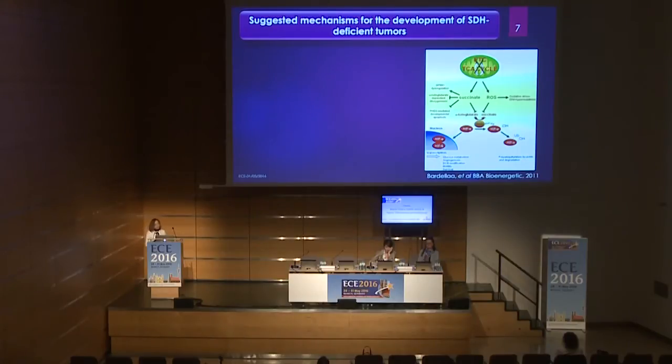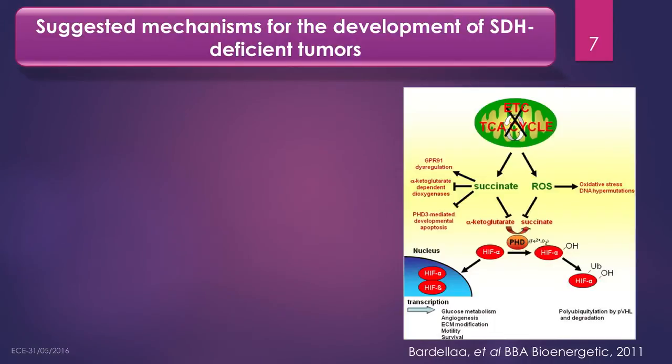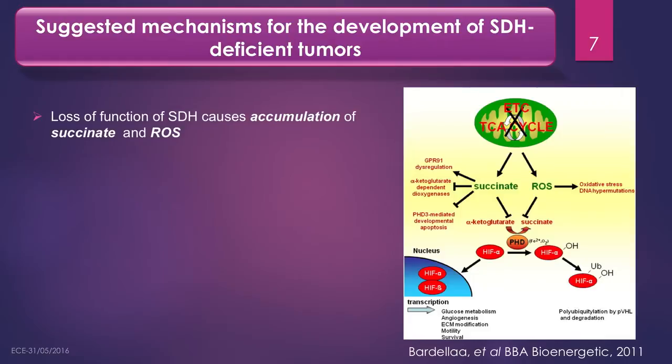Several mechanisms have been suggested for how defects in succinate dehydrogenase may lead to tumorigenesis. It has been shown that loss of function of SDH causes accumulation of succinate and reactive oxygen species.